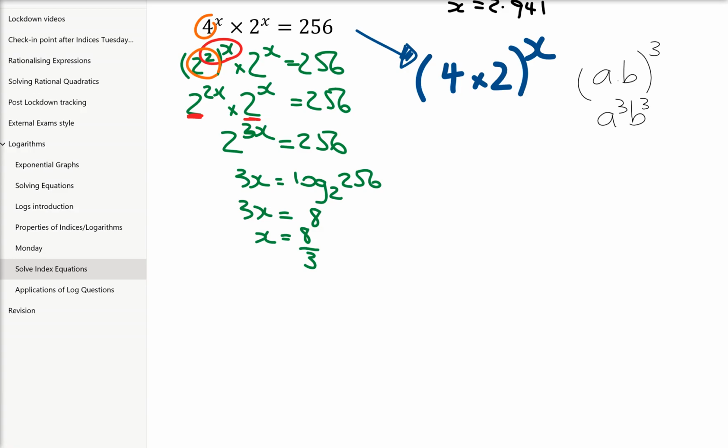A cubed, b cubed. In other words, what I've done is I've raised that a to the power of x, and I've raised that b to the power of x as well.